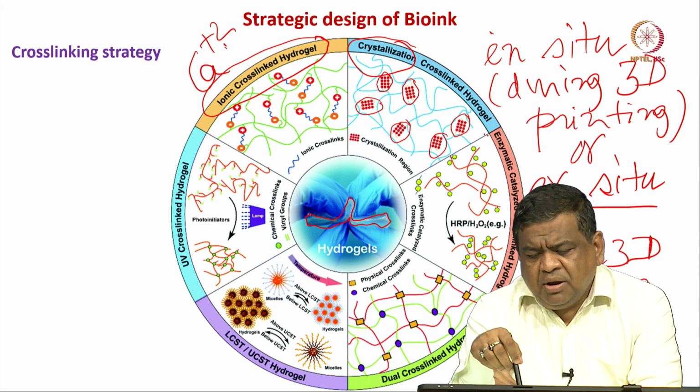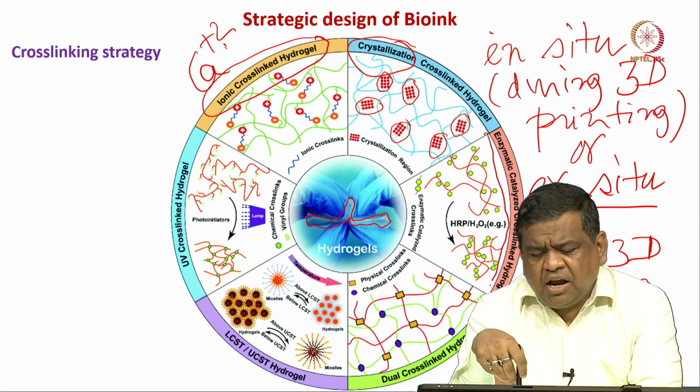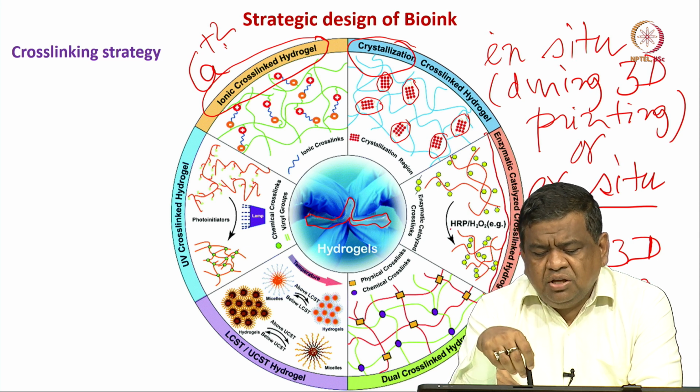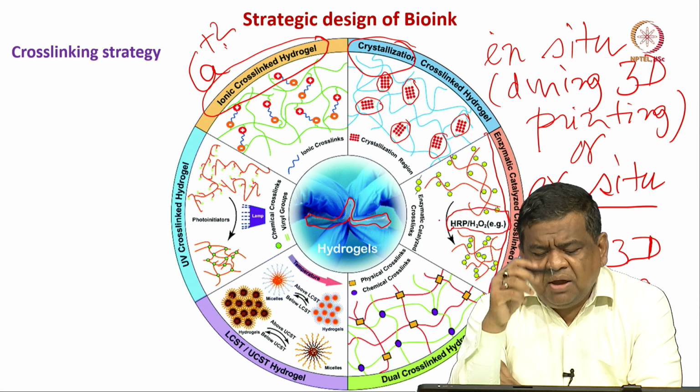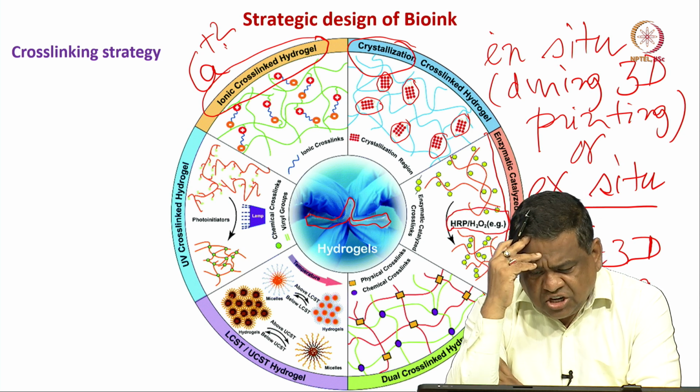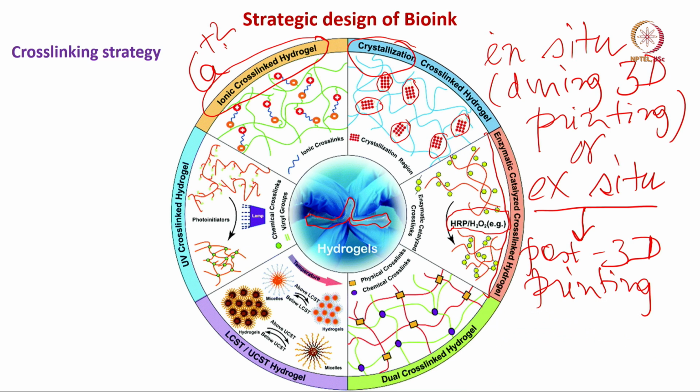Then you have enzymatically catalyzed or cross-linked hydrogels. This is a different type of enzymatic catalysis that can be added, for example HRP/hydrogen peroxide. Then you have a physical cross-link. So this square is the physical cross-links, and you have the chemical cross-links. So this is a dual cross-linked hydrogel.